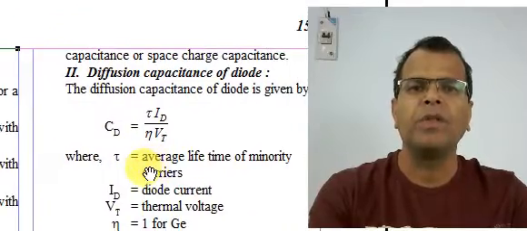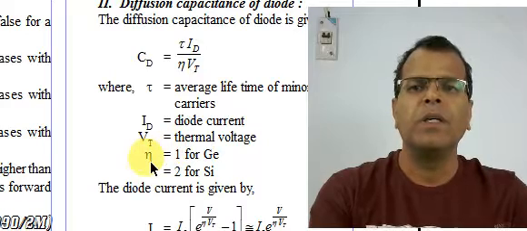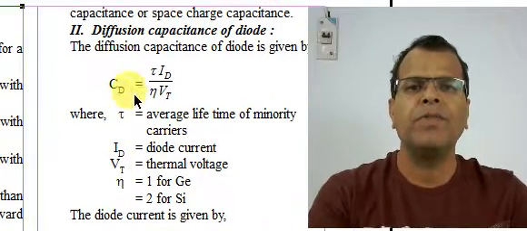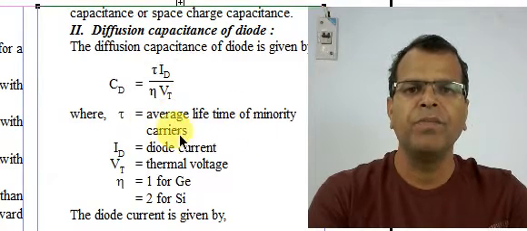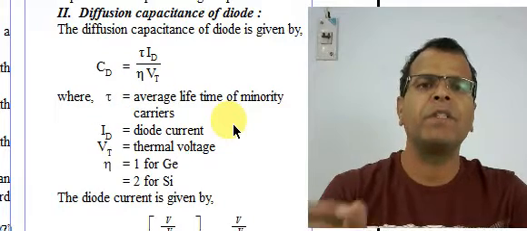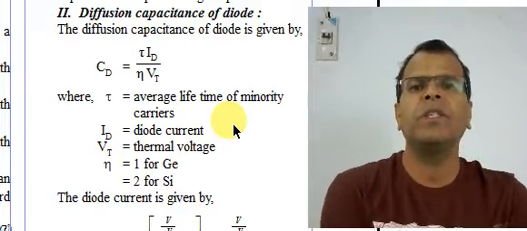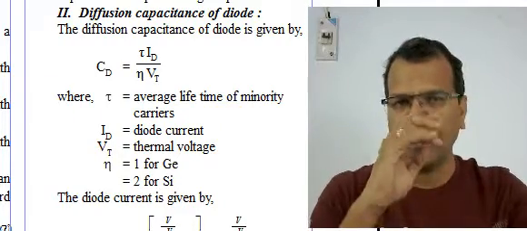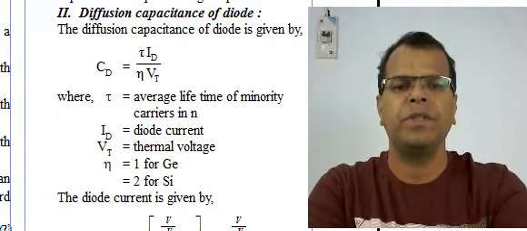Now the second point, you can see the diffusion capacitance. The diffusion capacitance is given by, you need to remember this, we have already derived that expression, where tau ID by eta Vt, and tau is the average lifetime of minority carriers, in the N region.